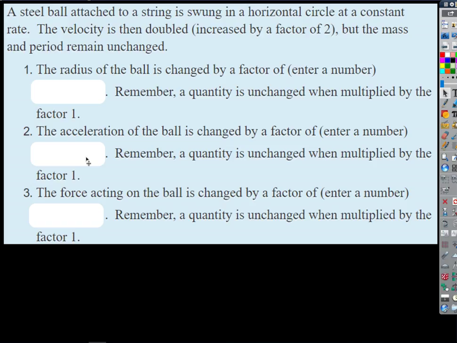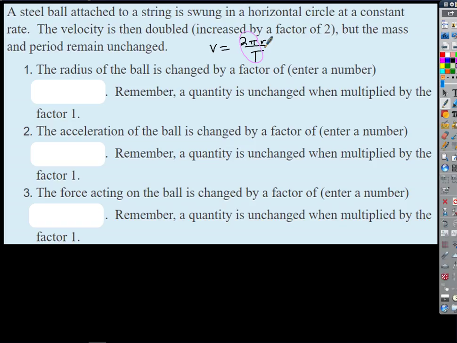What's a way that we can find that only two of those are linked? Radius and velocity. v equals 2 pi r over T. What's constant there? 2 pi and T, right? All that stuff is constant. Only the v and r are varying.